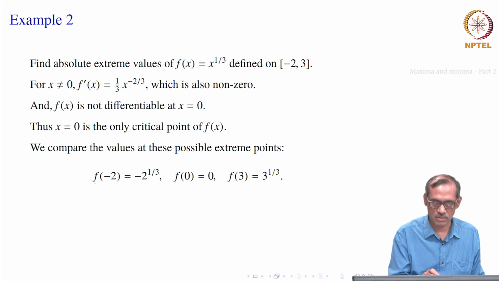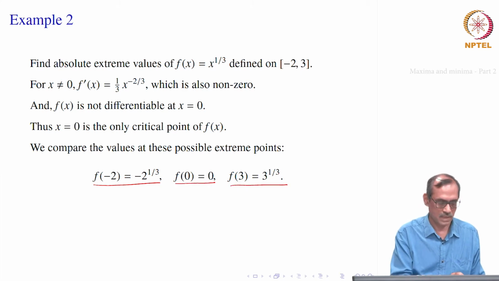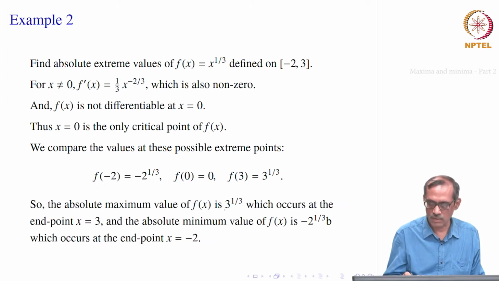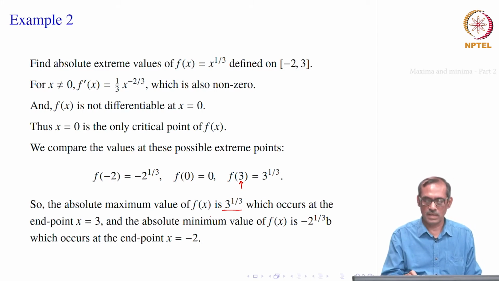So, we compare the values. F of minus 2 is minus 2 to the power 1 by 3, f of 0 is 0, f of 3 is 3 to the power 1 by 3. Again you get the maximum value as 3 to the power 1 by 3, which occurs at 3. So, we say that the maximum value of f x is 3 to the power 1 by 3, and the point of absolute maximum is 3.